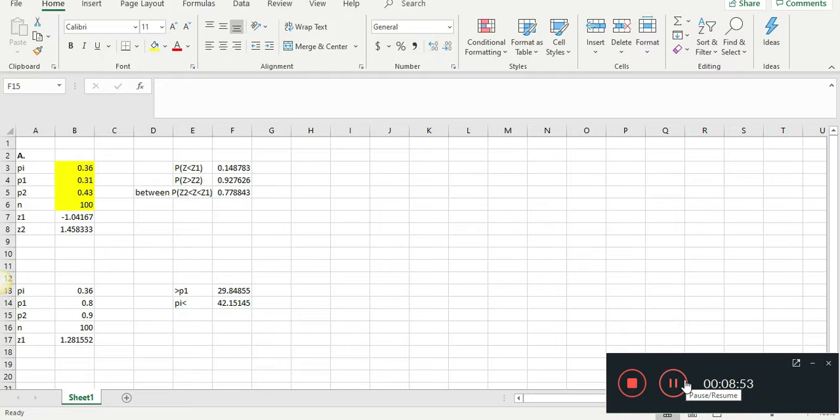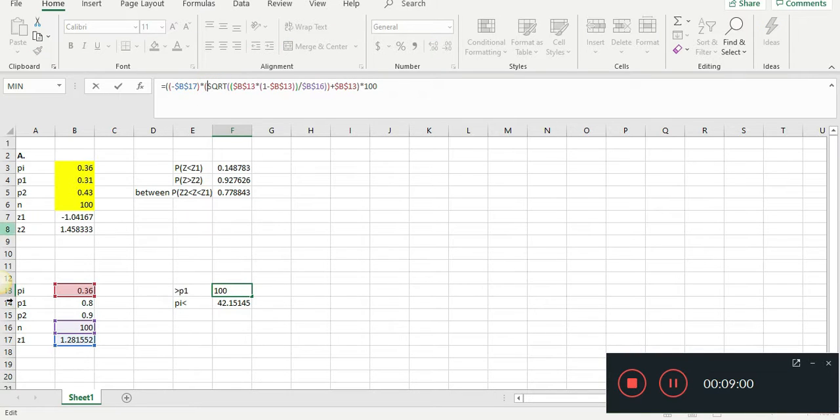Alright, I paused it because I goofed, so I'll click on the cell so that you can reference it. I had clicked on B18 so that I wasn't actually referencing any number, and that's where the problem lay. So for the first one, it's going to be negative Z1 times the square root of pi times 1 minus pi divided by n, the total sample, plus pi.